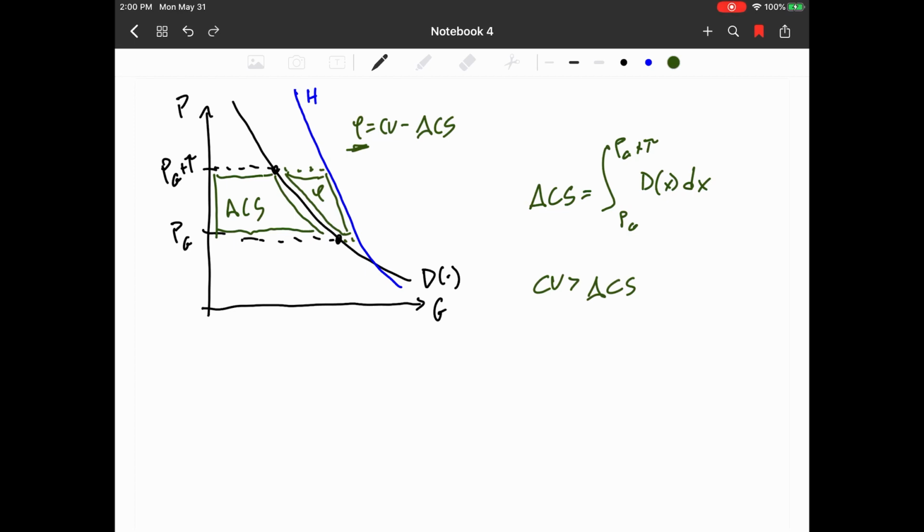When the Hicksian lies closer to the vertical axis than the Marshallian demand, this inequality is reversed, which typically happens with inferior goods.